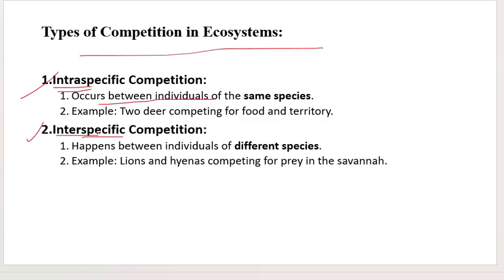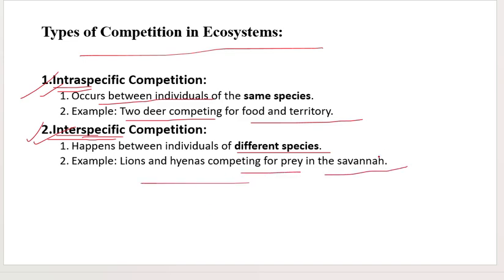Example, two deer competing for food and territory, that is intra. Then interspecific competition happens between individuals of different species. Inter means different species. Intra means same species. Example, lions and hyenas competing for prey in the savanna region. That is inter. Inter means different.